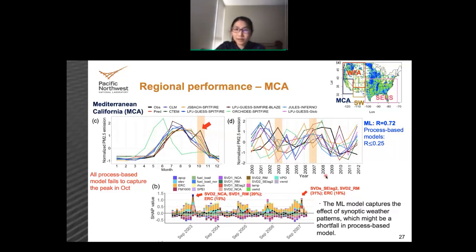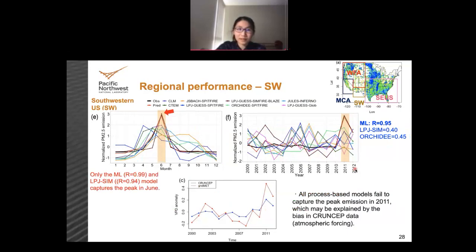And the next one is the southwestern US. We see that for the southwestern US, there is only one peak, in June. And again, most of the process-based models simulate the wrong seasonality, but only the machine learning model and the LPJ-GUESS model capture the peak well in June.